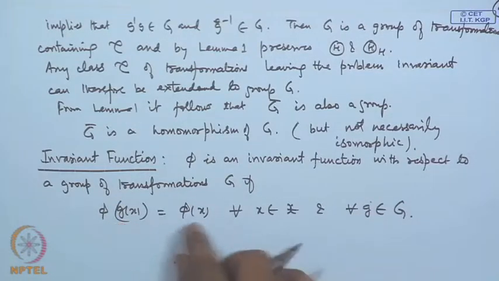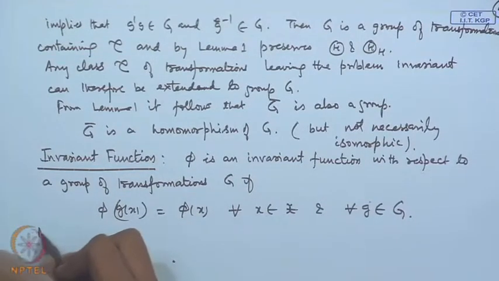That means, the function does not change the value if x is transformed from x to g x. Now, based on this I define maximal invariant.